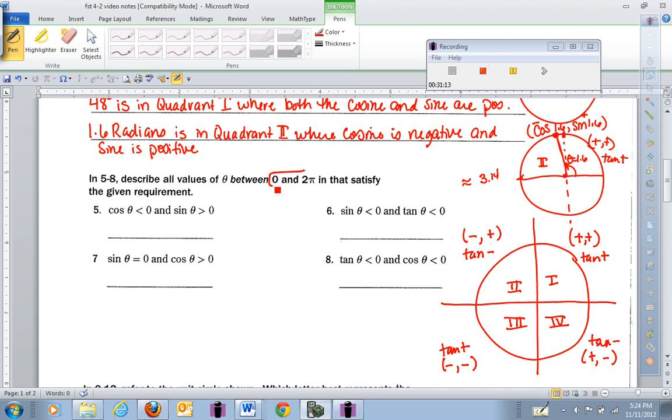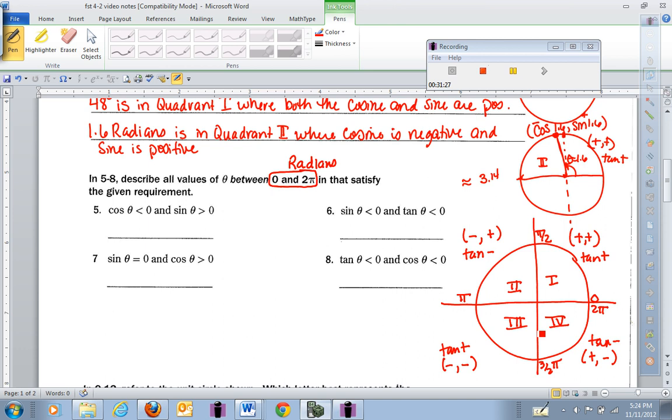Okay, when they write this, they're wanting us to describe all the values of theta between 0 and 2 pi, which means the answers that we're going to get are going to be in radians. So we may want to mark this as 0 radians, pi over 2, pi, 3/2 pi, and back to 2 pi, so we can keep track of the fact that we're going to be doing this in radians. And they need to satisfy these requirements.